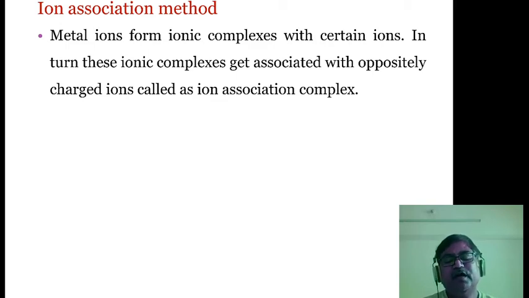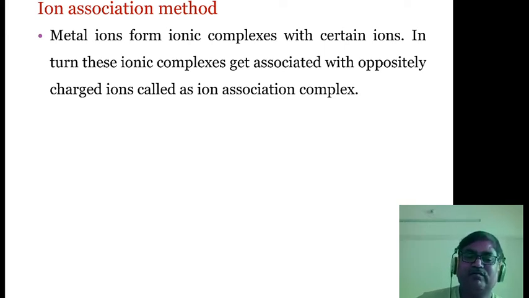Whenever such ionic complexes form a bond with metal ions, they get associated with oppositely charged ions present in the solution, and the rate of ion association during solvent extraction goes on increasing, and the rate of solvent extraction also increases. Is it right? So the process is called the ion association method.